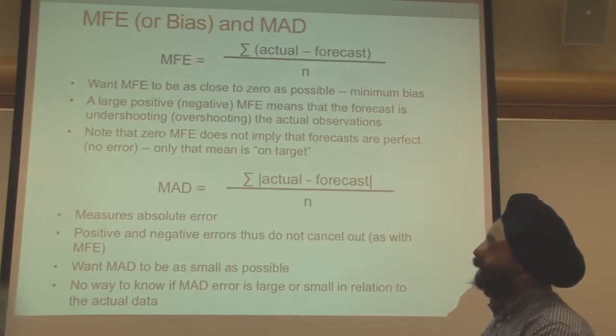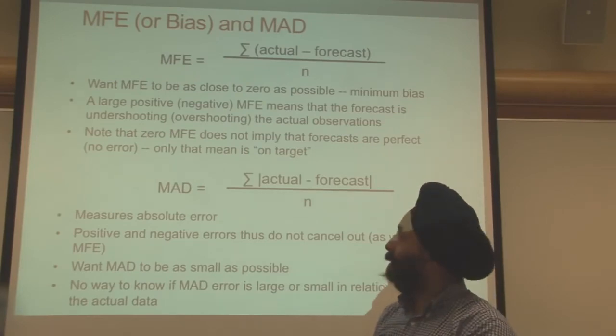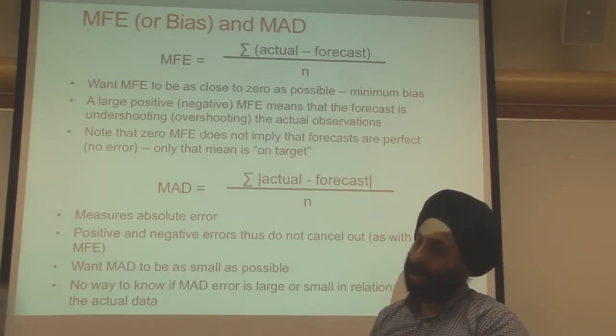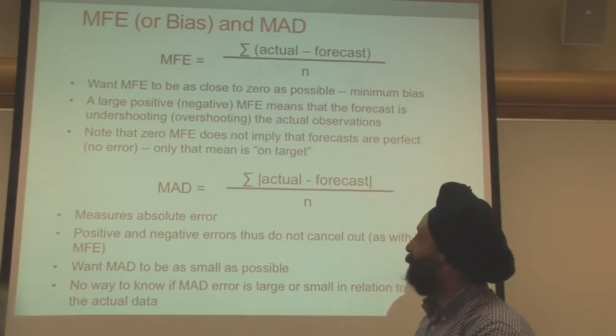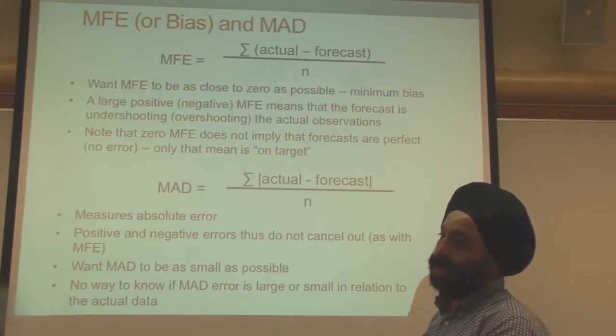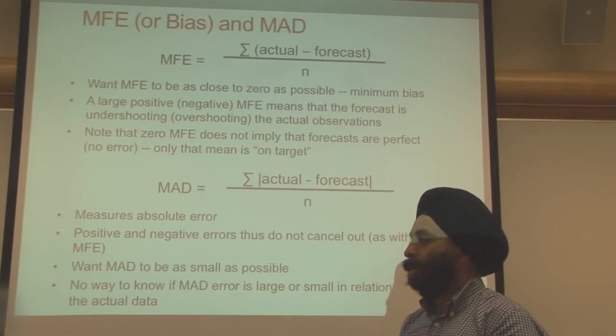So you want MFE to be as close to 0 as possible, minimum bias. A large positive MFE means that the forecast is undershooting the actual observation, and a large negative MFE will represent that you are over forecasting. So that tells you how accurate you are.